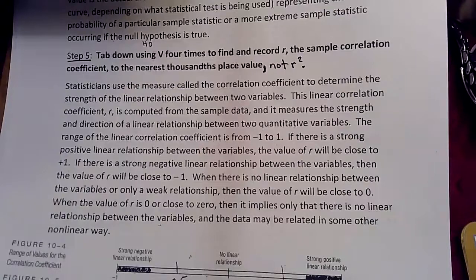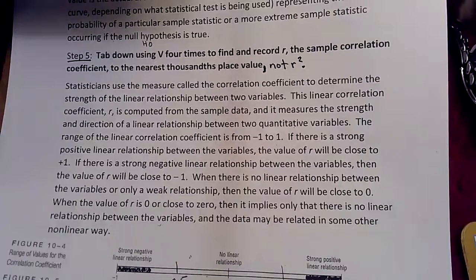The range of the linear correlation coefficient is from -1 to 1. If there is a strong positive linear relationship between the variables, the value of R will be close to 1. If there is a strong negative relationship between the variables, then the value of R will be close to -1.